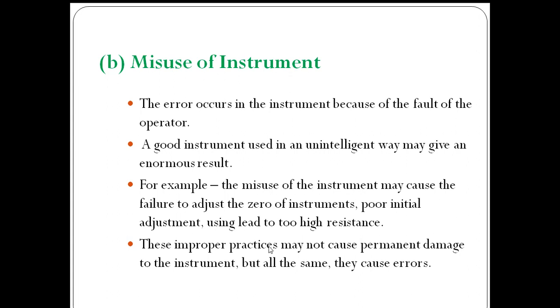For example, misuse of instrument may cause failure to adjust the zero of instruments, or poor initial adjustments, or using leads with too high resistance. These improper practices may not cause permanent damage to the instrument, but all the same they cause errors.